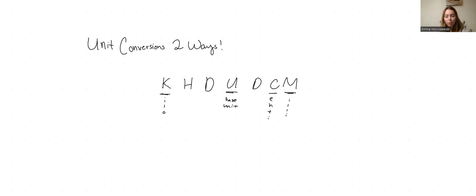Now, overall, two things that I want you to think about when we're doing unit conversions. Number one, am I converting in a way that makes sense? I don't want you to just blindly convert your units and think, oh, well, I'm going to here and the number is going to be bigger. What I want you to ask yourself in that moment is, does that make sense?